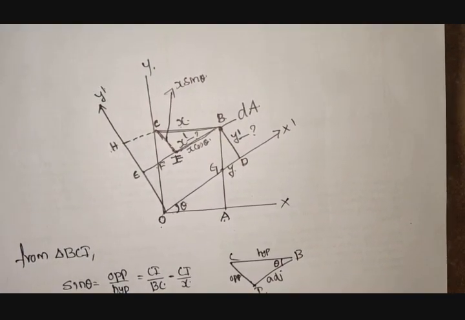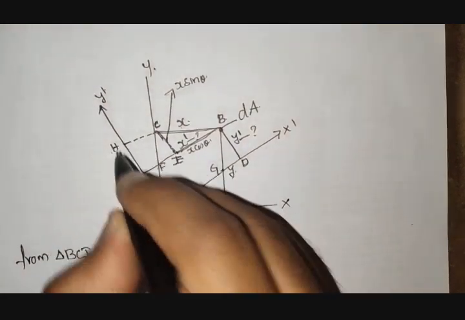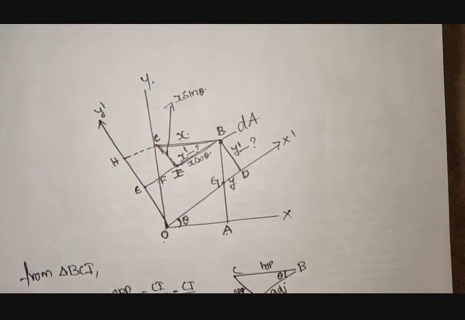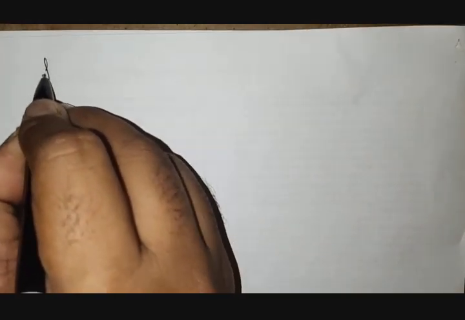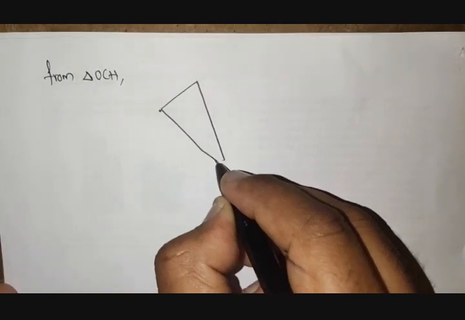Similarly, next we will find out for the OCH triangle. So for this triangle we will find out the values. The triangle OCH is like this.